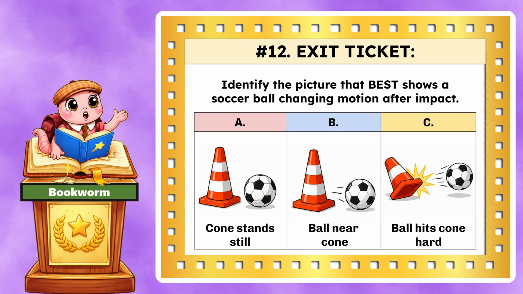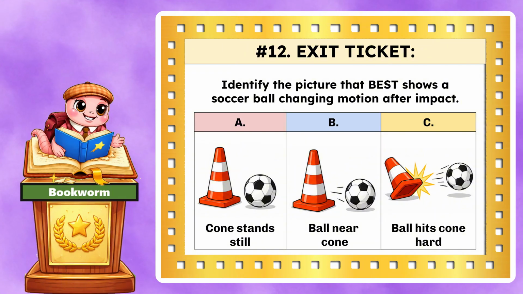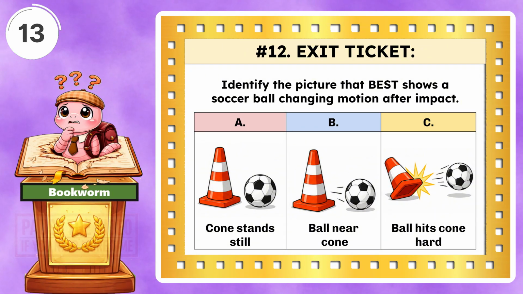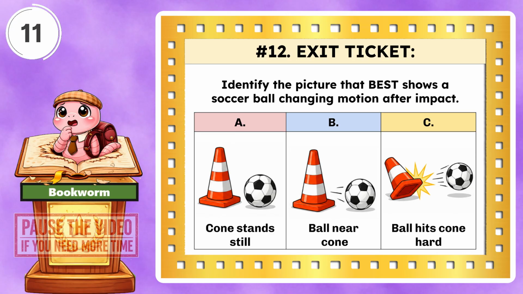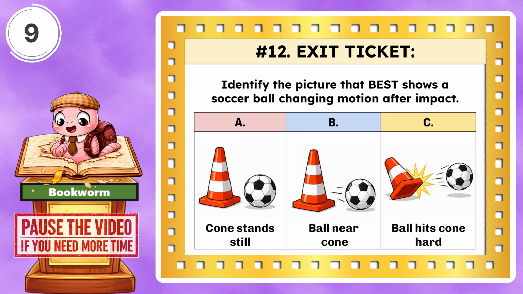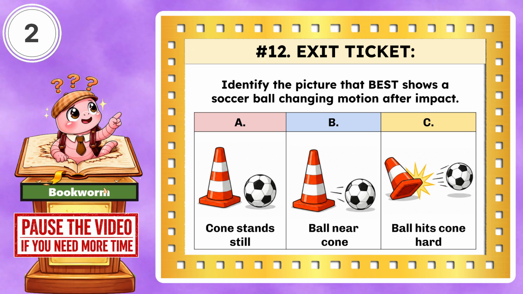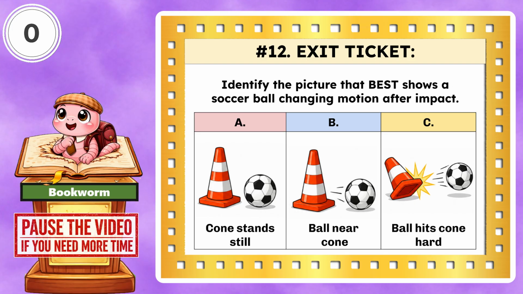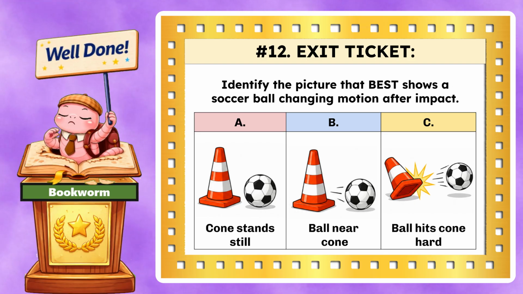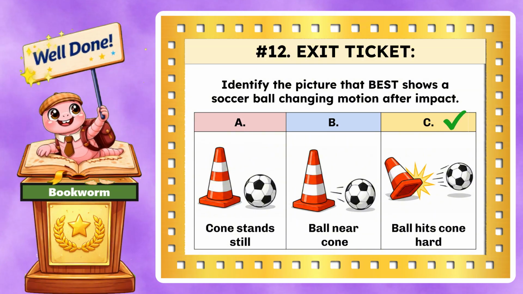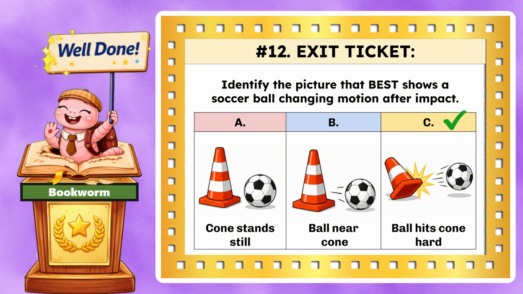Identify the picture that best shows a soccer ball changing motion after impact. And the correct answer is letter C. Ball hits cone hard.